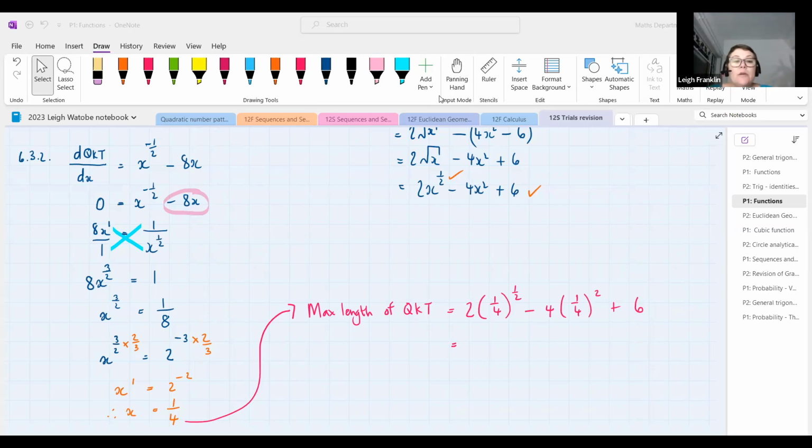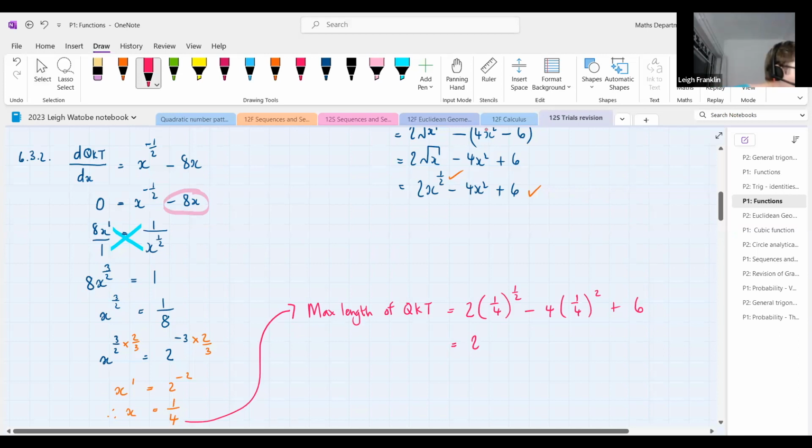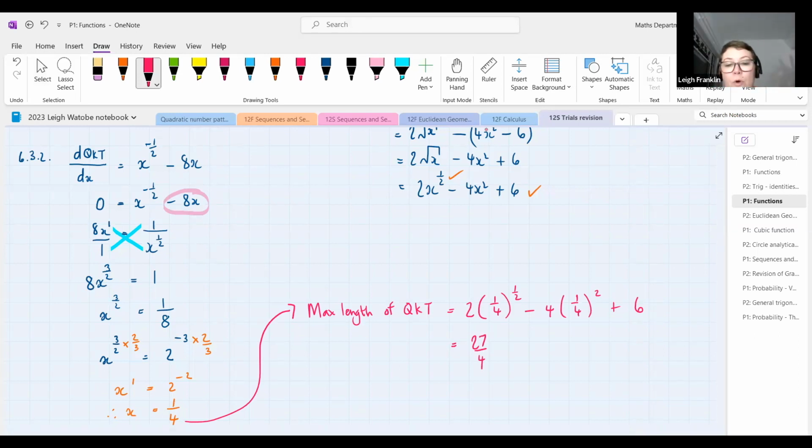For me, I got the same answer as you, 27/4, which is 6,75. So you can write it as 27/4, or if you wanted to, you could write it as 6,75 units, like so.